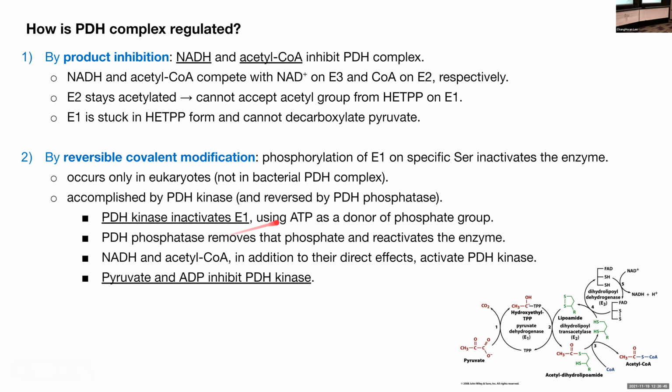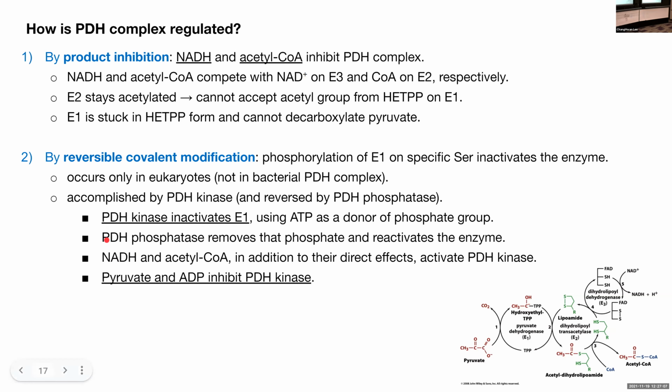And that makes sense, right? Because if you have excess ATP, now you want to just stop or at least slow down this process of the PDH complex where it generates more acetyl-CoA. So ATP feeds back and says that you have enough stuff, so you want to just slow down.